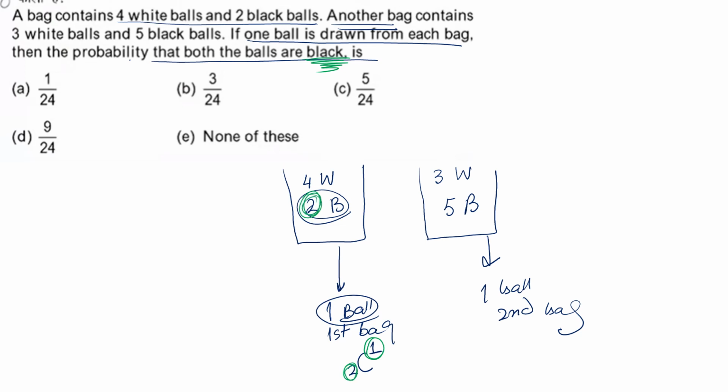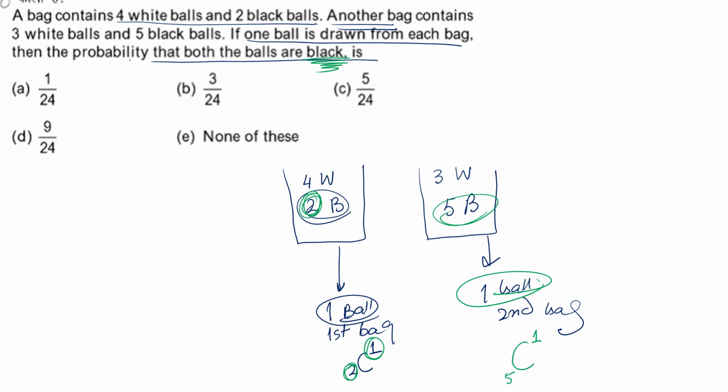Now, what are the chances of getting the black ball from the second bag? I have to choose one ball so that this ball is black, so it will be 5C1.